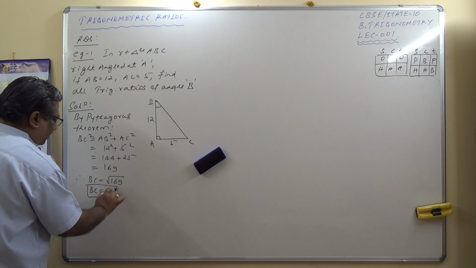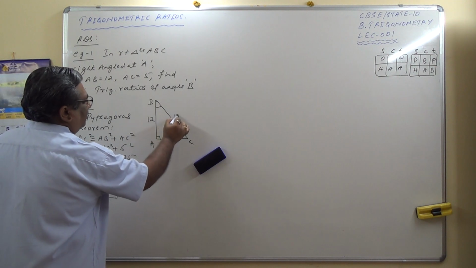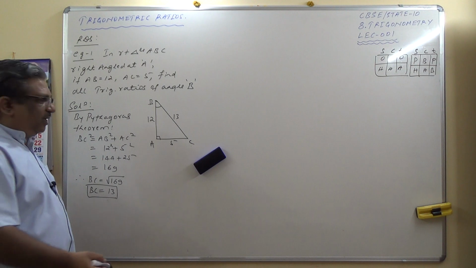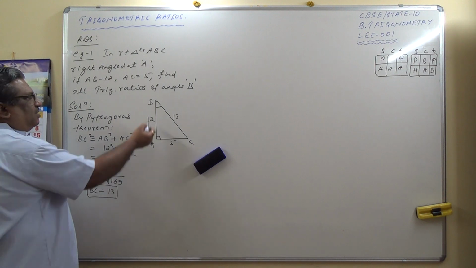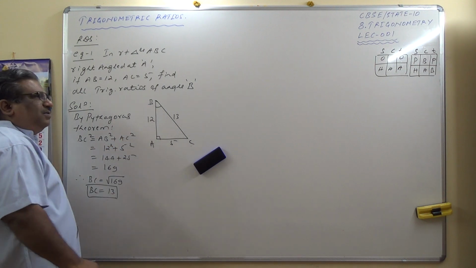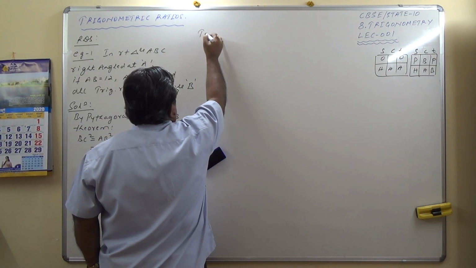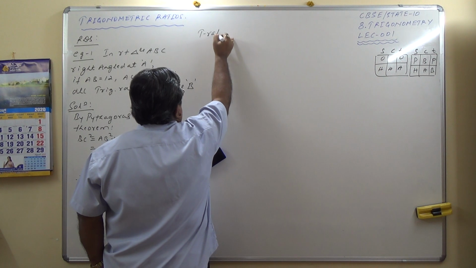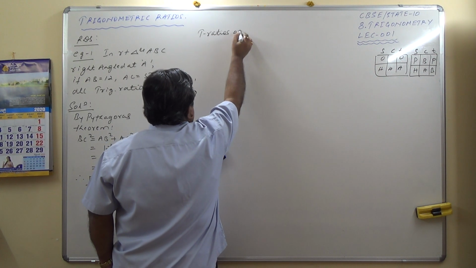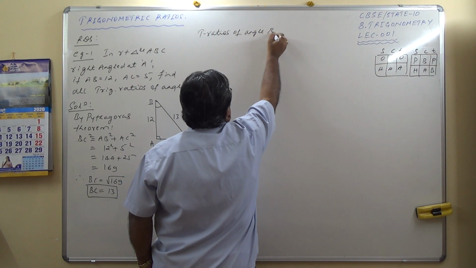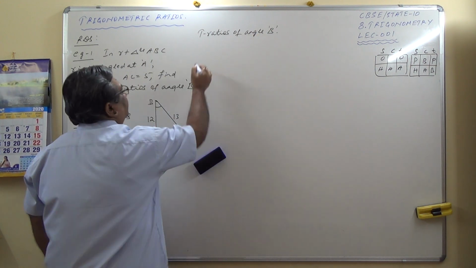I got BC as 13, which I will write here. So 5, 12, 13 are also Pythagorean triplets. With reference to B, I have to find out all the trigonometric ratios. So T ratios of angle B, sin B.